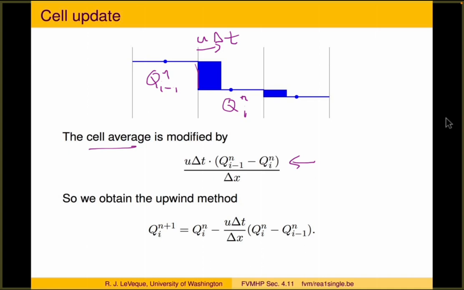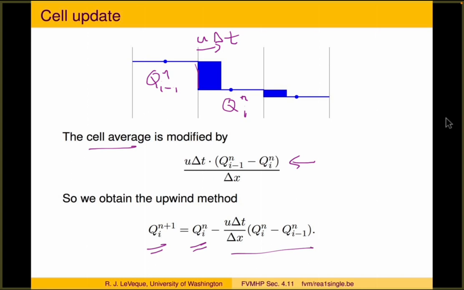Which means that the effect of this one wave moving into the cell is that our old cell average, Q_i^n, has been modified by exactly that factor to get the new cell average, Q_i^{n+1}, at the end of the time step. And this again is just the upwind method we've seen several times now in the case u positive.